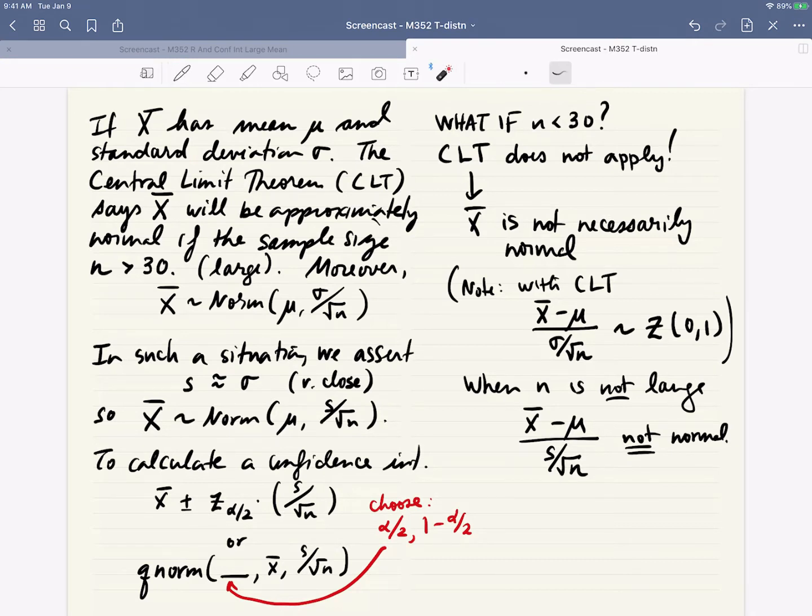And it's also important to note that the sample standard deviation is not necessarily going to be close to the standard deviation. The sample standard deviation is not necessarily approximately equal to the standard deviation.